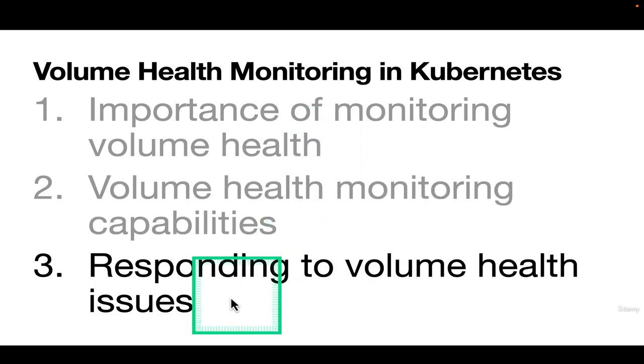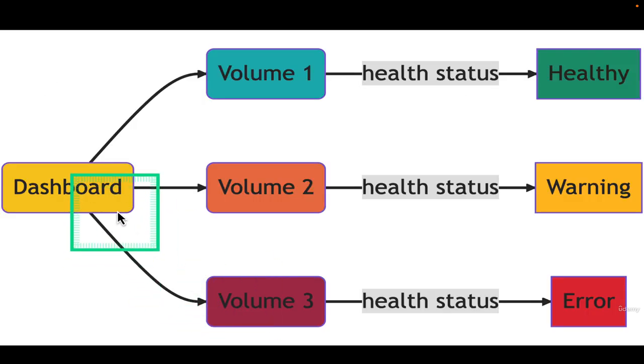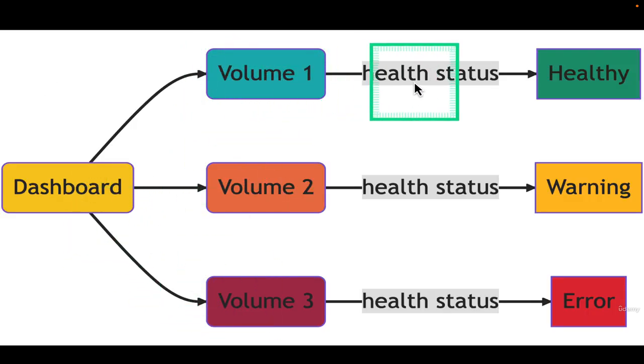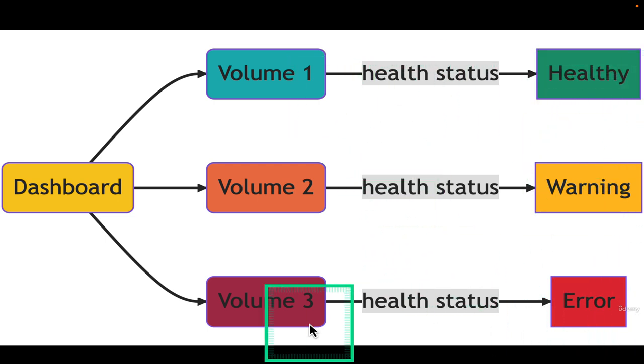Responding to volume health issues may involve creating volume snapshots, repairing volumes, or migrating data to healthy volumes. So you have a dashboard where you can check the health status of a volume, whether it's in a healthy, warning, or error state.